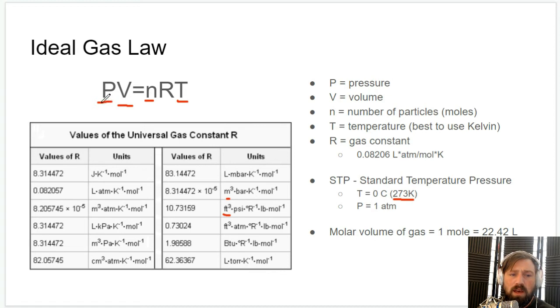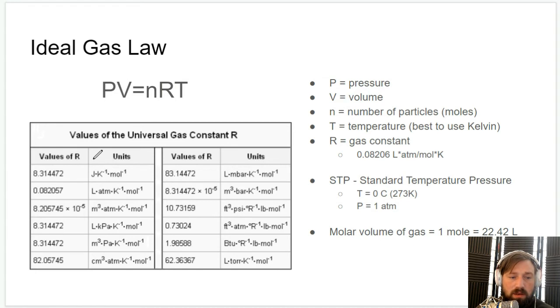And that means the value for R is going to change based on your units. So that's one thing you want to look at in your problem: how are they telling you the pressure, volume, moles, and temperature? Then pick which gas constant you need to use.